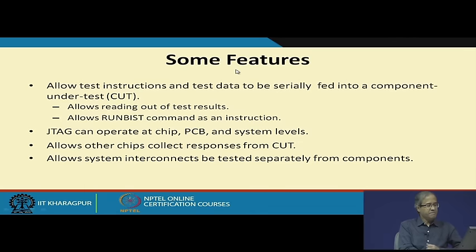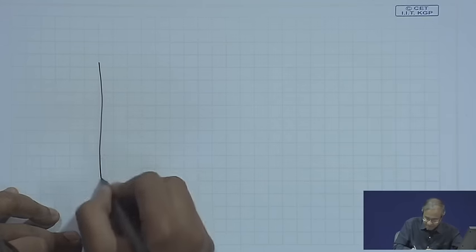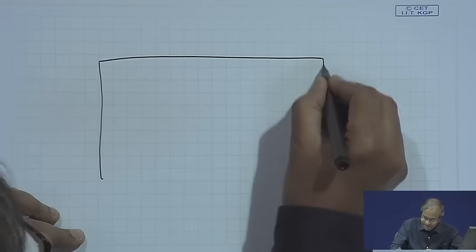So, some of the features of this boundary scan technique are as follows. Here we apply tests as some kind of instructions. Let me show you the overall perspective. I have a printed circuit board.